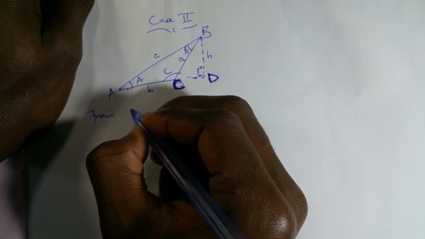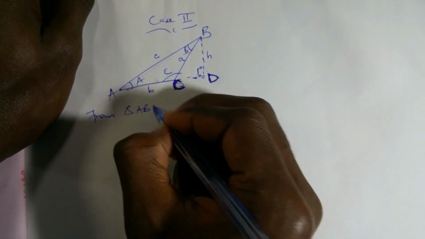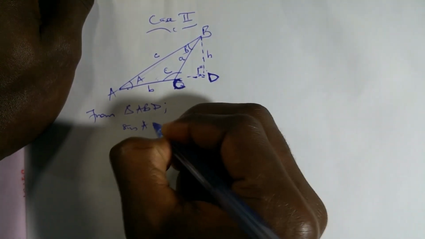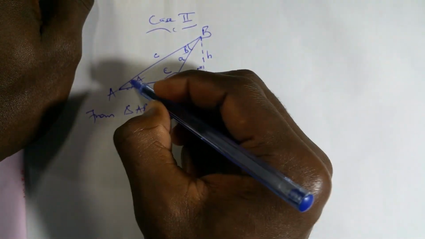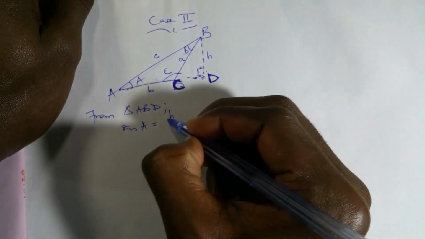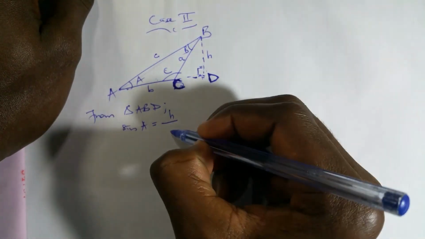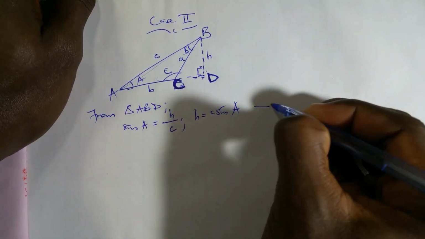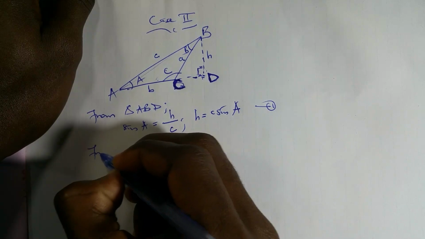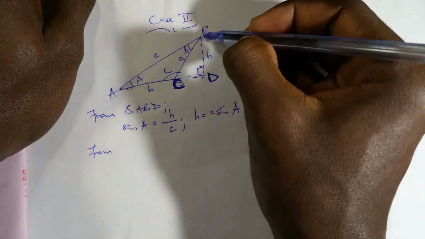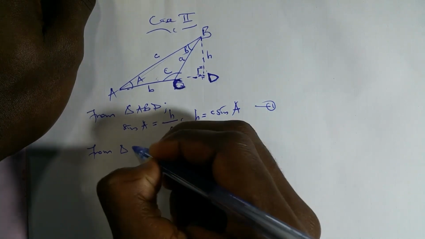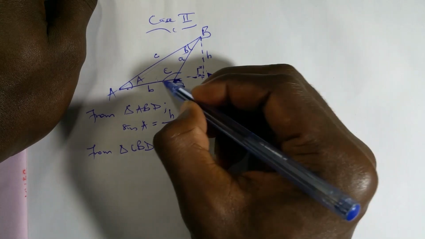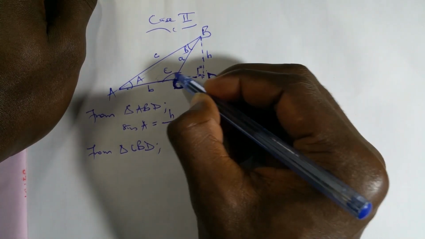So from triangle ABD, our sin A is going to be given by opposite, which is that side opposite to A, so opposite is h, over the hypotenuse, which is c, implying that our h is given by c sin A, equation 1. Then from this triangle CBD, what do we have? If this angle is C, remember from the straight line it is 180 degrees, so all of that angle is 180.